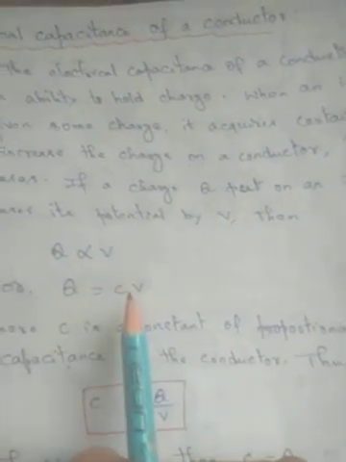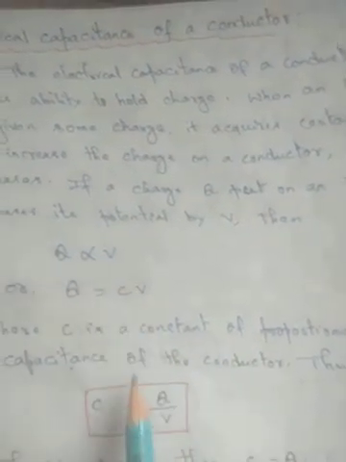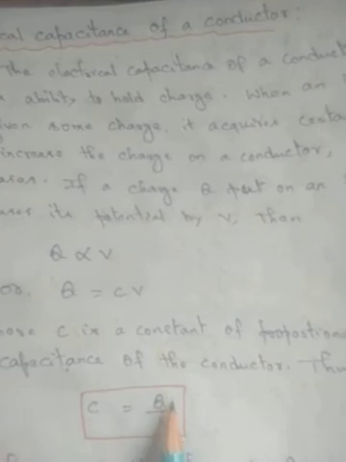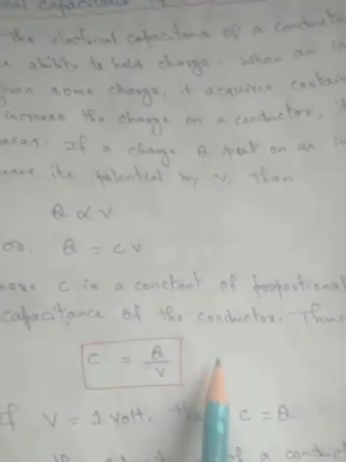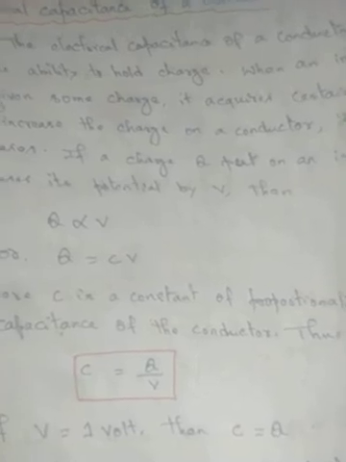If you rearrange, you will get C equals Q upon V. This is the equation of the capacitance of a conductor.